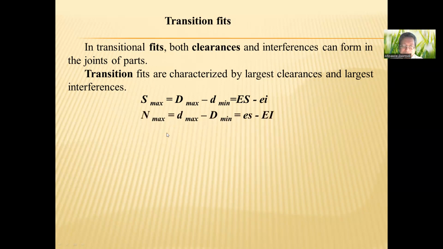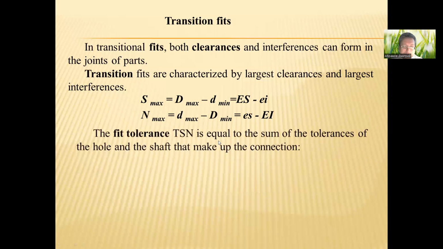And the largest interference in the connection is equal to the maximum diameter of the shaft minus the minimum diameter of the hole. And it's equal to the upper limit deviation of the shaft minus the lower limit deviation of the hole.